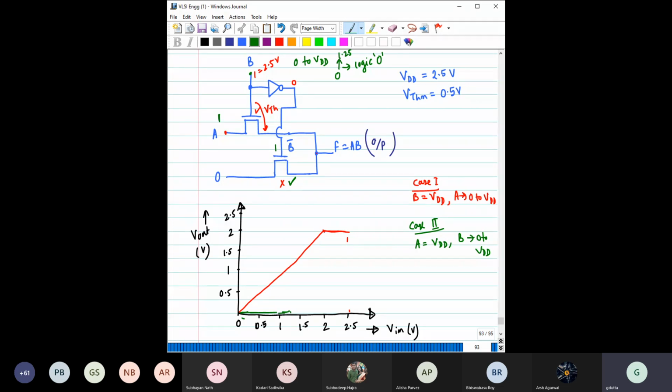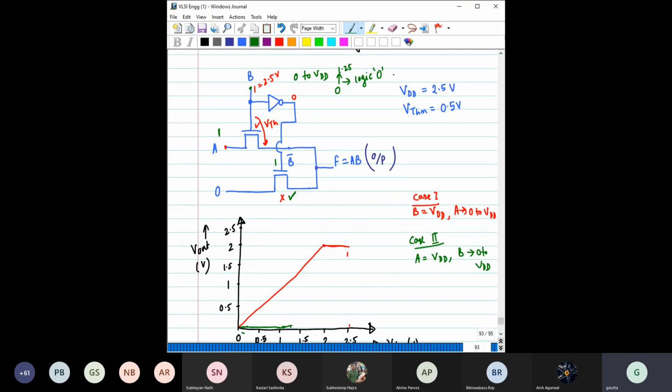After that, what will happen? When it changes from 1.25 volt and goes towards 2.5 volt, this B will be considered as logic 1. So here it will be considered as logic 1, and the output would be at logic 0. That means this transistor is now off in the second half, right?